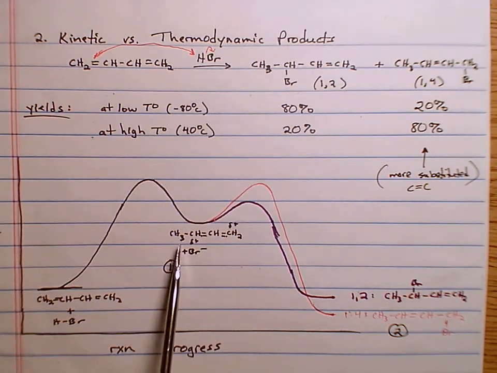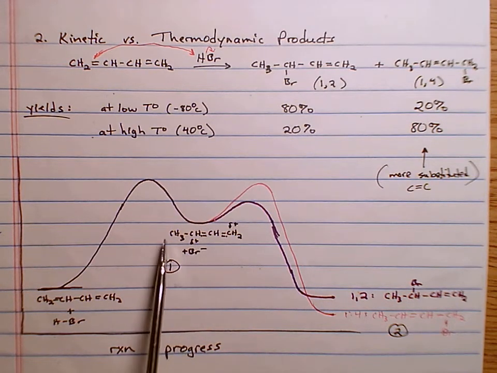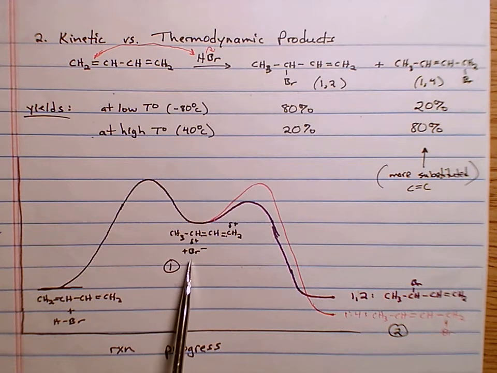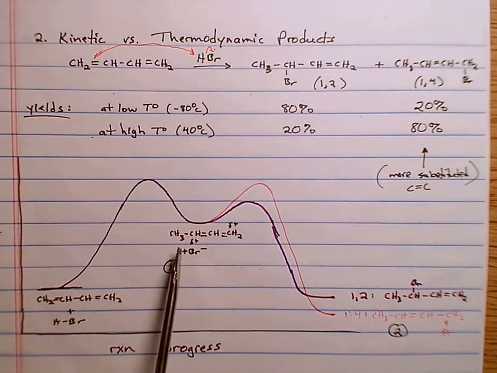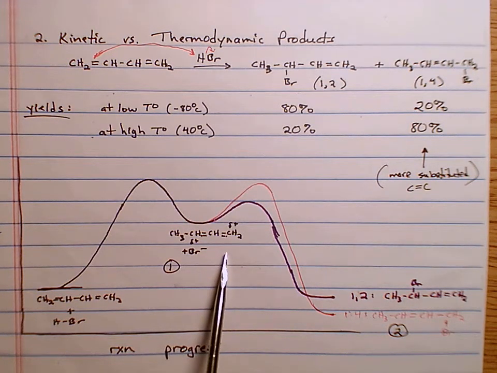When you look at the situation, the bromide ion now is probably hanging pretty close to carbon number 2 because it gave its hydrogen to carbon number 1. So it's probably easier to attack carbon number 2 versus having to swim through the solvent down here to get carbon number 4.